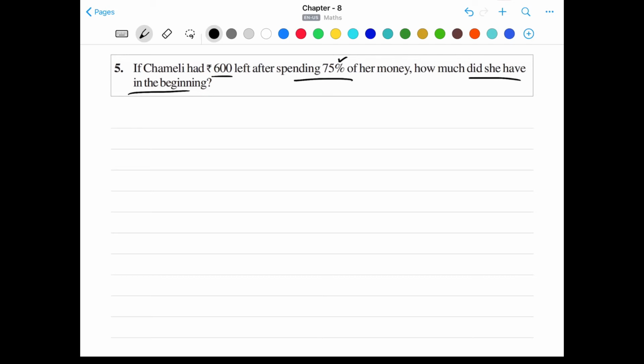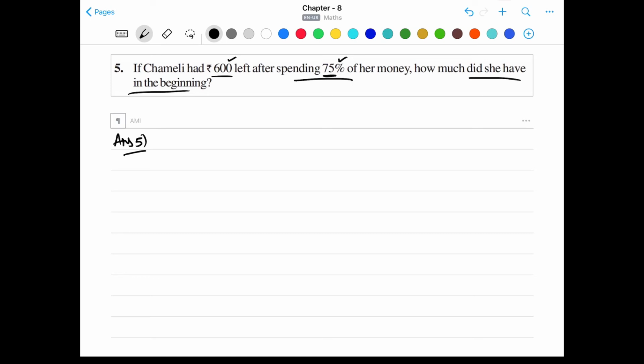Always, the total for any quantity is 100%. So out of 100% she has spent 75%, so the remaining percentage of money is 25, and in rupees that money is 600 rupees. Using this value we can easily find the total amount of money she had in the beginning. So let's write answer number 5.